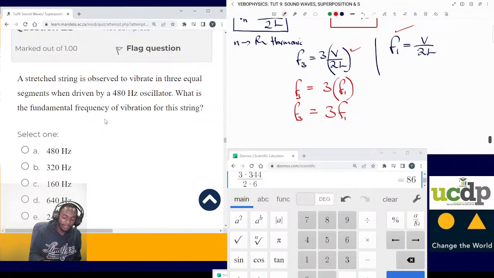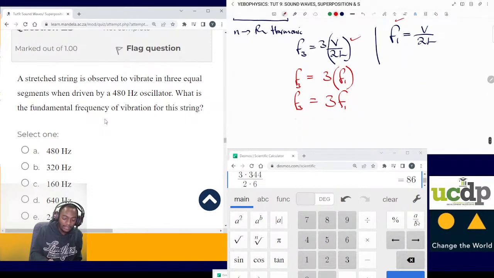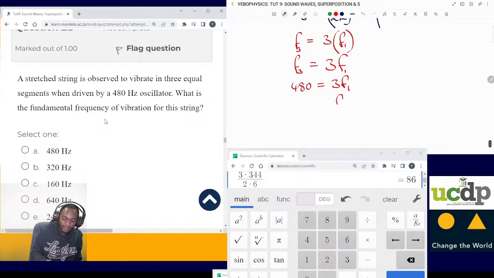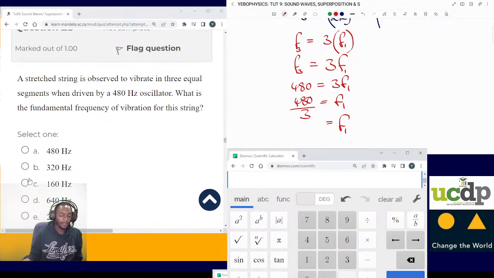And in this case, we're looking for the fundamental frequency, right? We're told that F3 is 480 when we've got 3 segments, 3F1, which means your F1 becomes 480 over 3. We have to punch that, 480 divided by 3, so it should be 160.